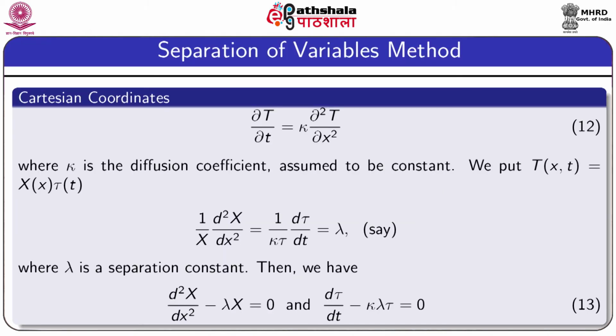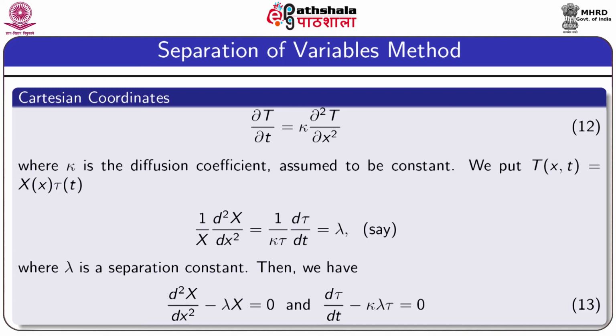The one-dimensional heat equation in Cartesian coordinates can be written in this form, which is given in equation number 13. Here we are again using the method of separation of variables. So, T is assumed as the product of capital X and tau, where X and tau are functions of x and t respectively.